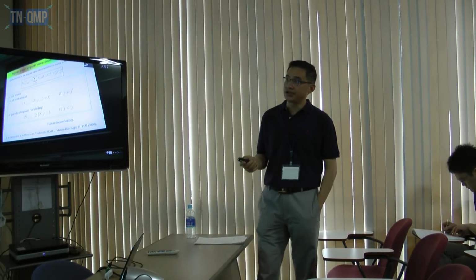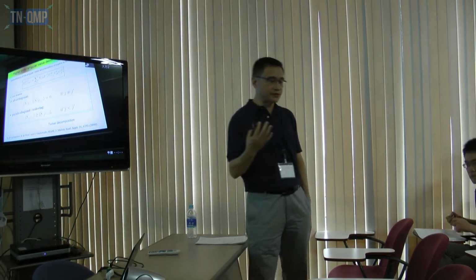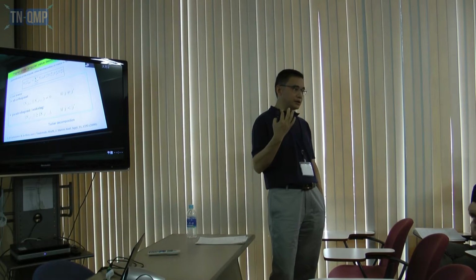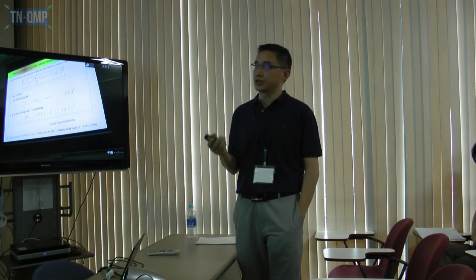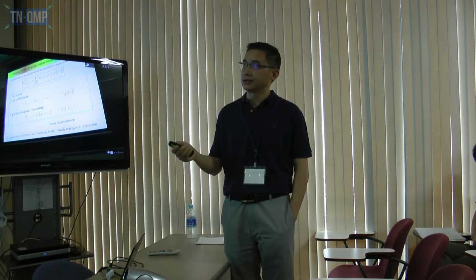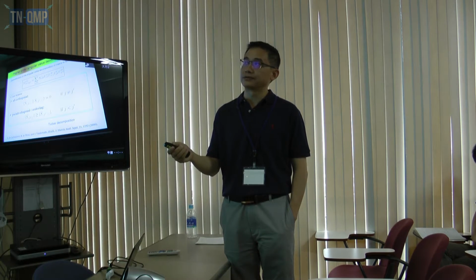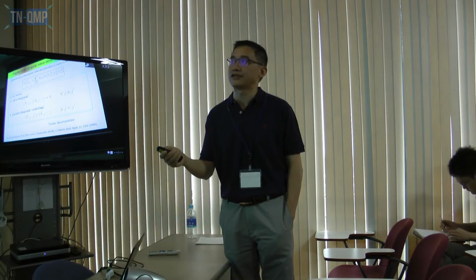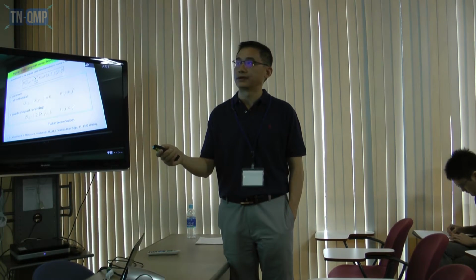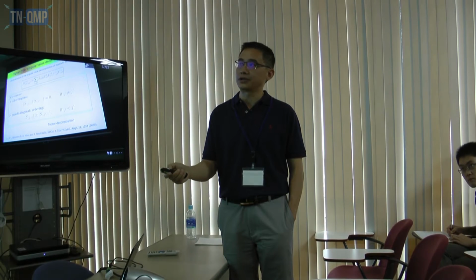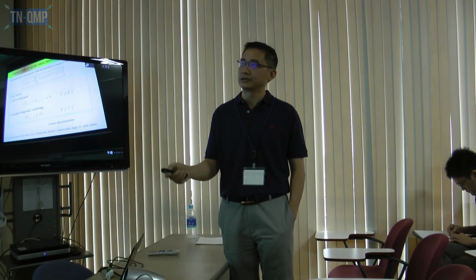So the difference between a matrix singular value decomposition and the tensor higher order singular value decomposition is that in the matrix, this is a diagonal matrix. But here, this is not a diagonal tensor. It is still a full rank tensor. But this core tensor satisfies this kind of property.